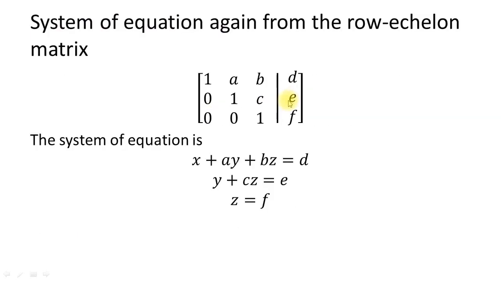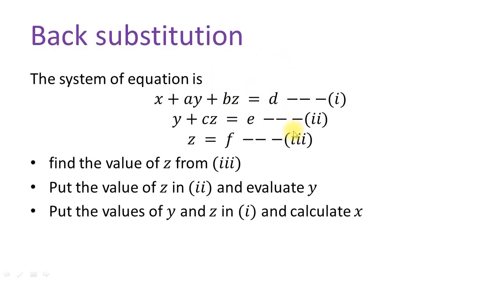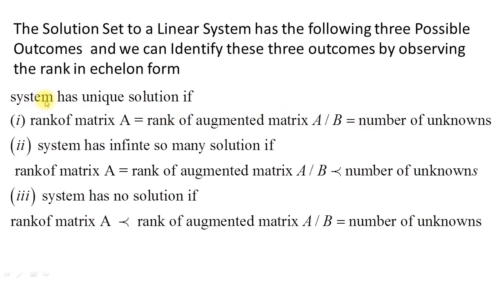So when we obtain the echelon form from the augmented matrix, then check the rank of the matrix A and the rank of the full augmented matrix. If the rank of matrix A is equal to the rank of the augmented matrix and equal to the number of unknowns, then the system has a unique solution.